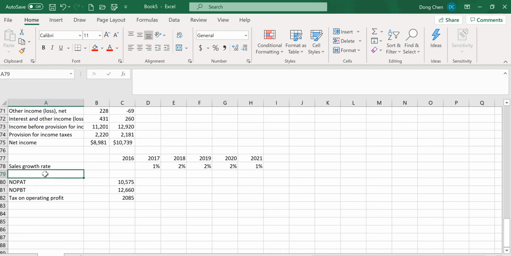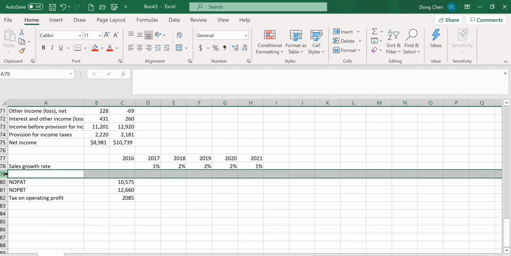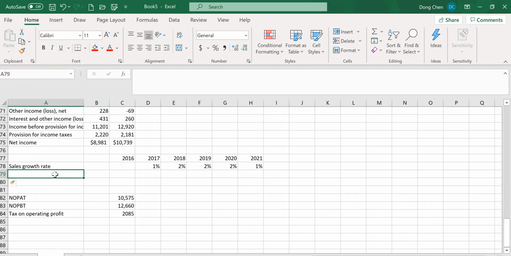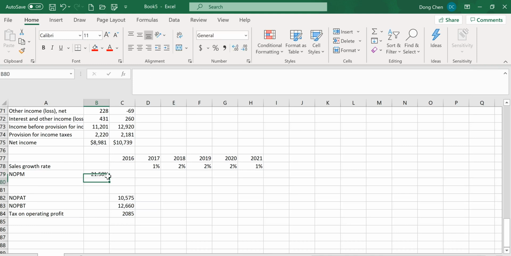Then we also need the information about NOPM and NOAT. NOPM is net operating profit margin. This is given to be 21.5%. And NOAT, net operating asset turnover, is given to be 1.86.